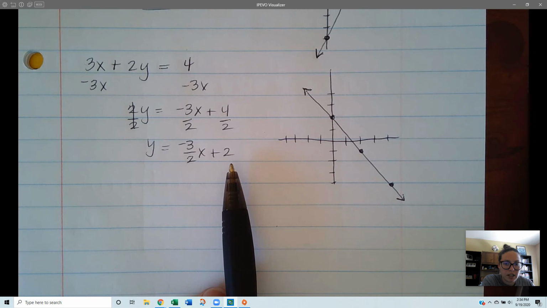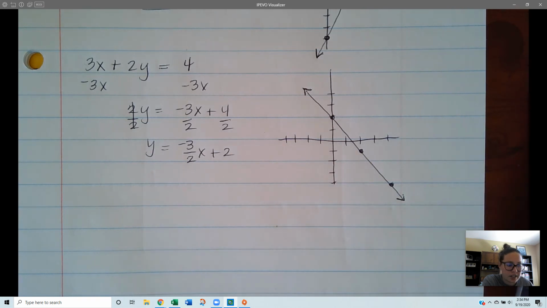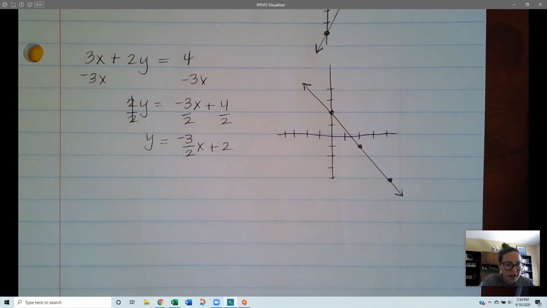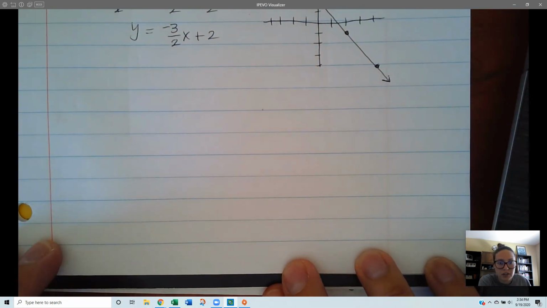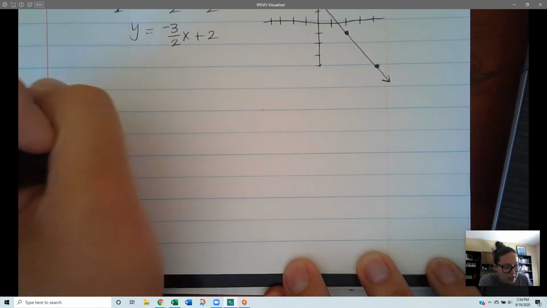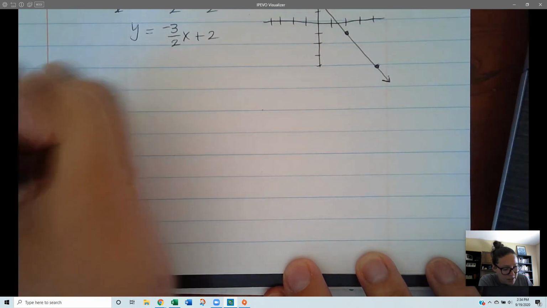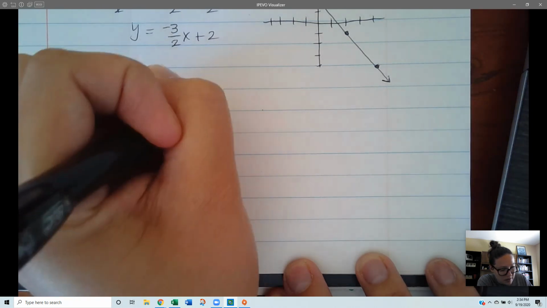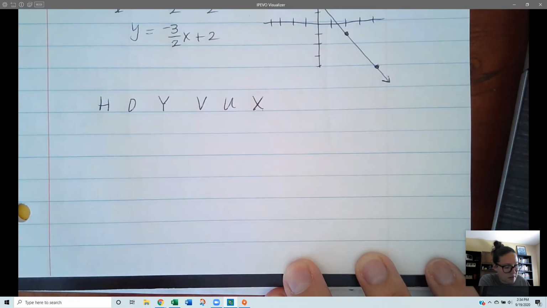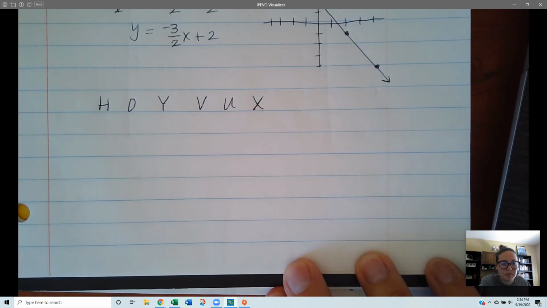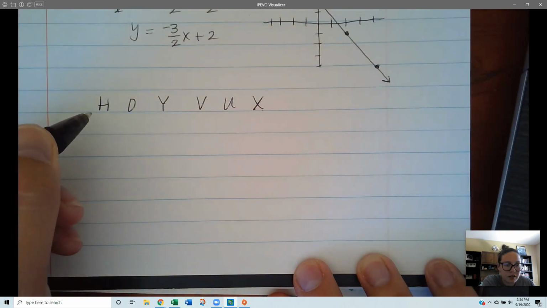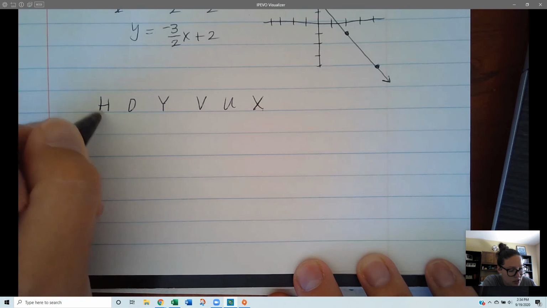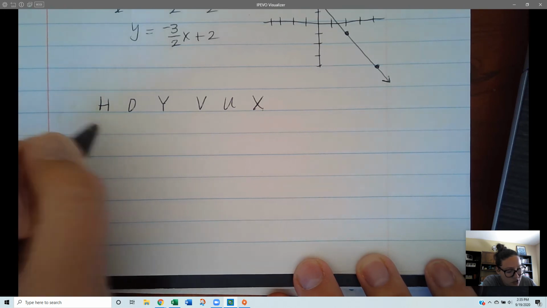All right, one last thing, and we're going to talk about horizontal and vertical lines. Horizontal and vertical lines, and I want you to write this down, HOY VUX. What this means, each letter stands for a word. H is for horizontal. And the O is actually a 0 because the slope of a horizontal line is 0.